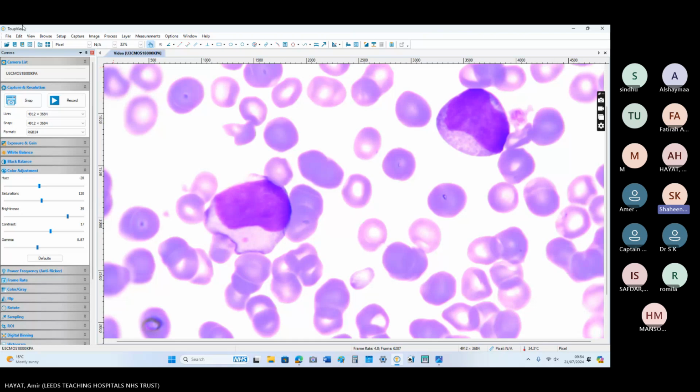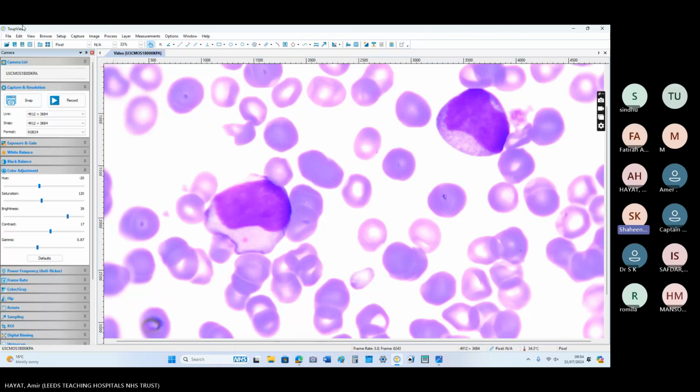There is no abnormal bilobed appearance in the blast, whereas in red cells there is anisocytosis. They are normochromic. Platelets are reduced. I guess it's not like 140, but platelets are seen. I can see few neutrophils.